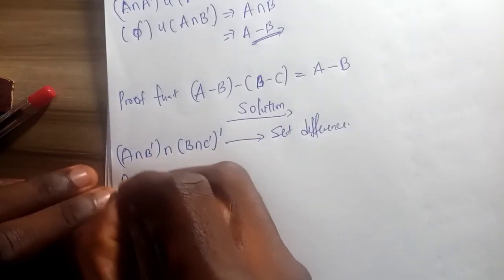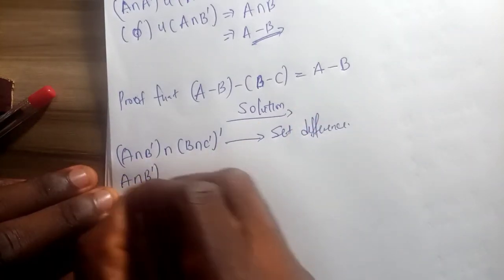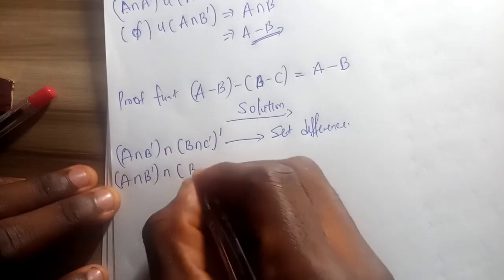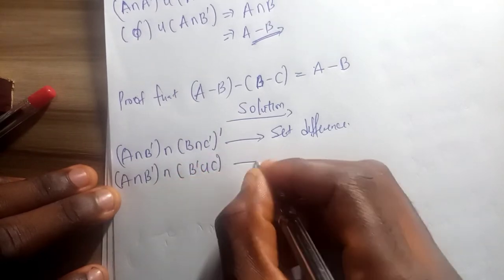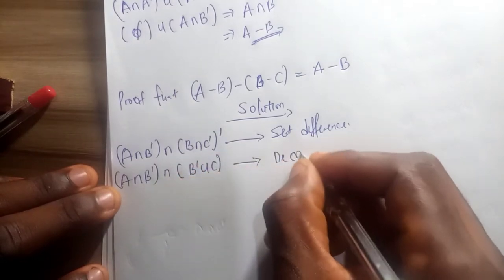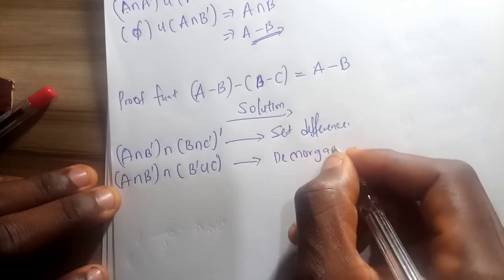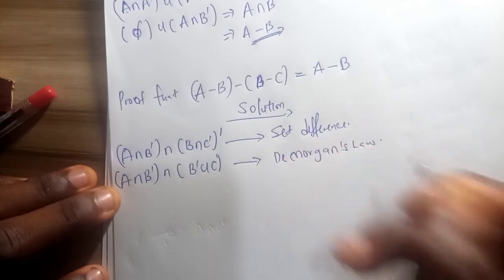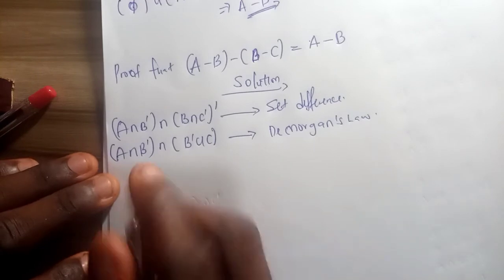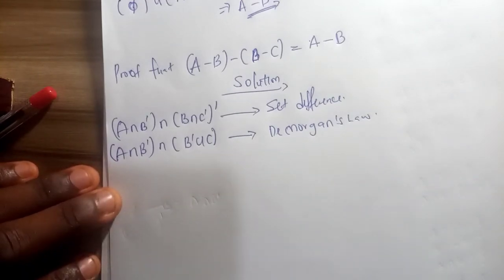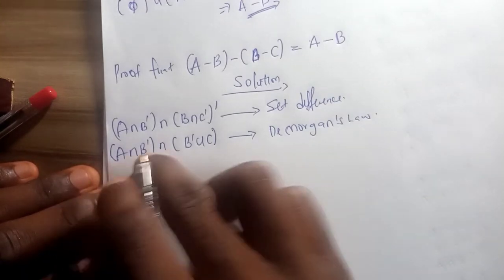So the next thing is A intersect B prime intersect B prime union C. This is where we use De Morgan's law. You can try to check it. We use De Morgan's law there. So what's the next thing to do? Distribute this one over this one.